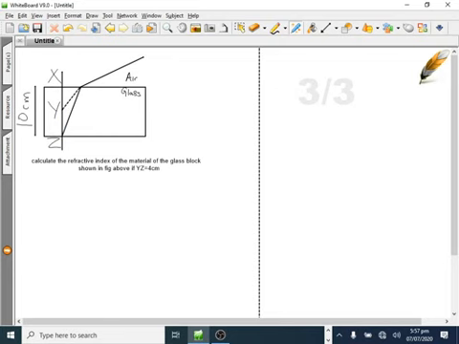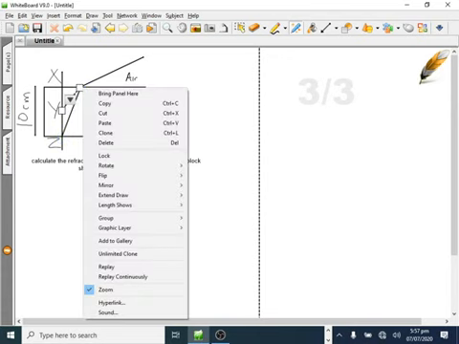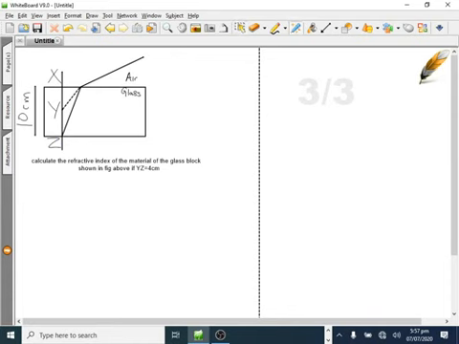Now let us interpret what we have on the board here. From what we discussed earlier, this is a sort of incident ray. The ray is emerging from the glass, and when it gets to this point, it is refracted into this direction.